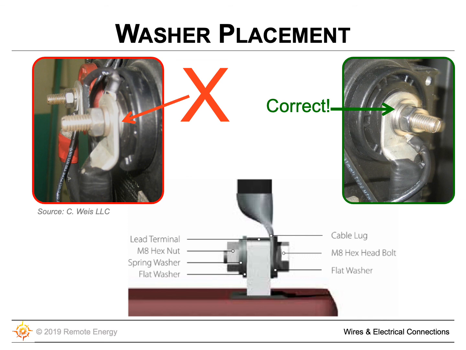Well, there's a lot of current potentially going through there, so we want to do it like is shown on the right-hand side, where the lug goes right against the inverter base, and then there's a flat washer, and then there's a lock washer, and then your nut. So that lock washer is helping maintain the proper tension, the proper torque for that battery cable lug to press against the inverter base. So there's a really good connection there.